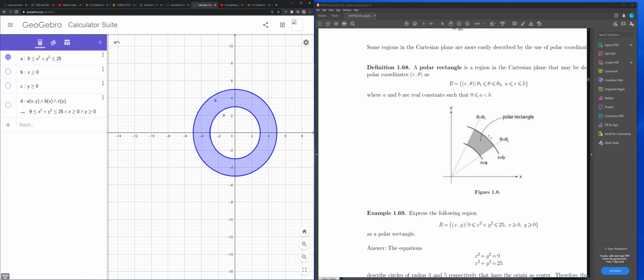And then you also have this inequality over here, theta less than or equal to theta 2, and theta bigger than or equal to theta 1, right? So to get an idea of what this is, you want to graph your lines theta is equal to theta 1.